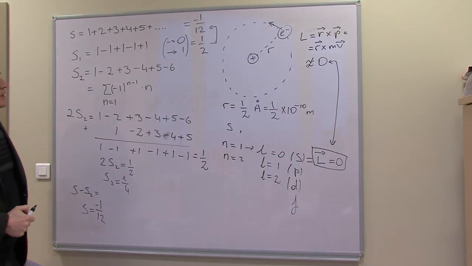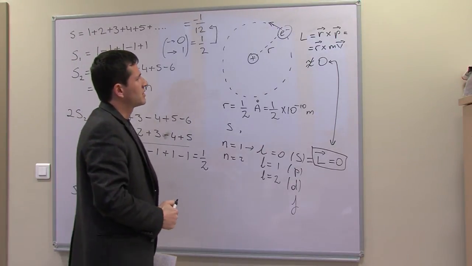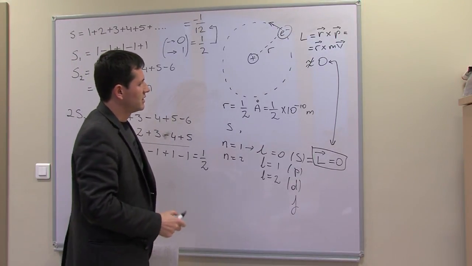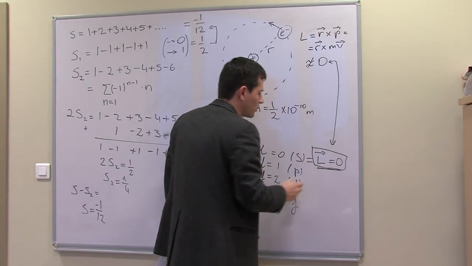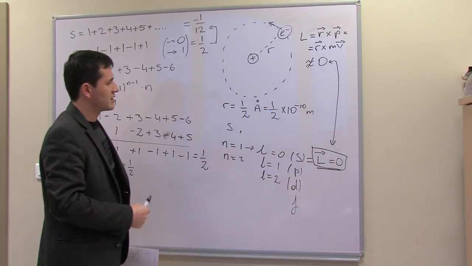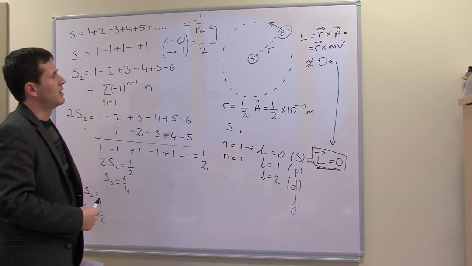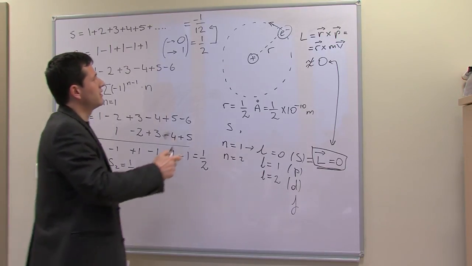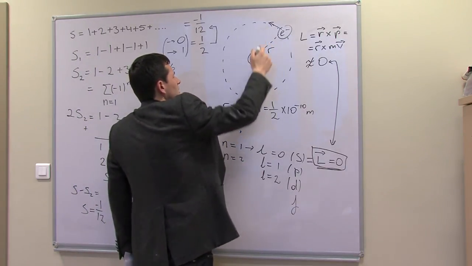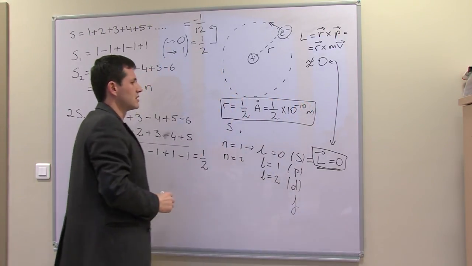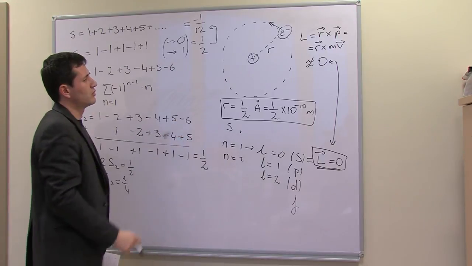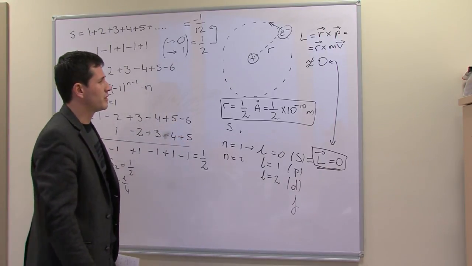But the thing is that the physics and chemistry community has made this accepted. The models very well agree that this angular momentum should be 0 because it's an s electron. Oh, that's okay. But the problem is that, in fact, in reality, this radius is not showing where the electron is. The electron is not at this 1 over 2 angstrom, 1 over 2 times 10 to the power minus 10.